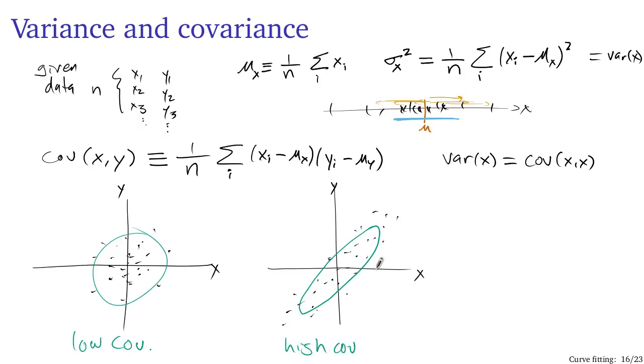When x is positive, above the mean, y tends to be above its mean. When x is negative, below its mean, y tends to also be below its mean. The case where x is positive but y is negative, or x is negative but y is positive, tends to be a relatively small fraction of the data points. So the average of this quantity is going to be positive contributions from both, negative contributions from both multiplied together to give you something positive. This would be a high positive covariance.